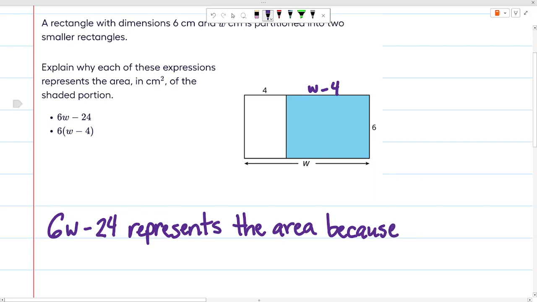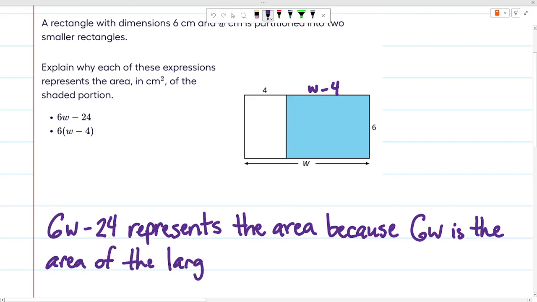So 6W, what is that in this diagram? That's the area of the whole large rectangle. So 6W is the area of the large, we could call it outer rectangle.